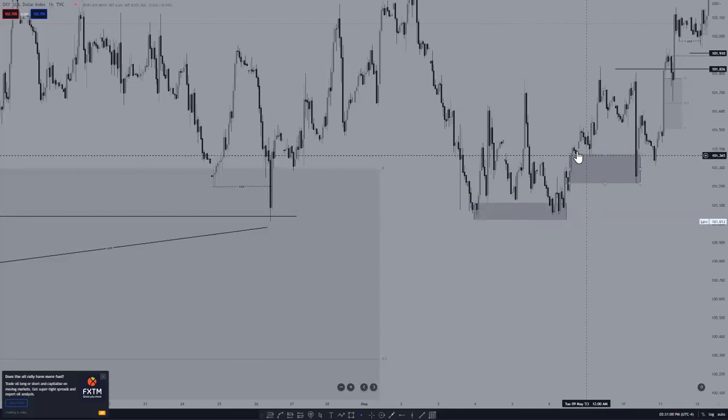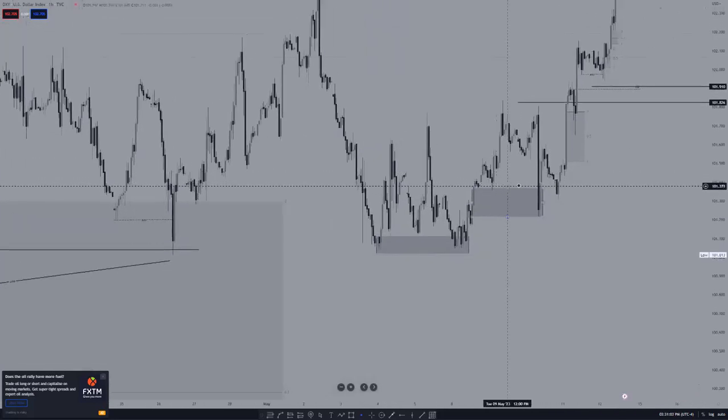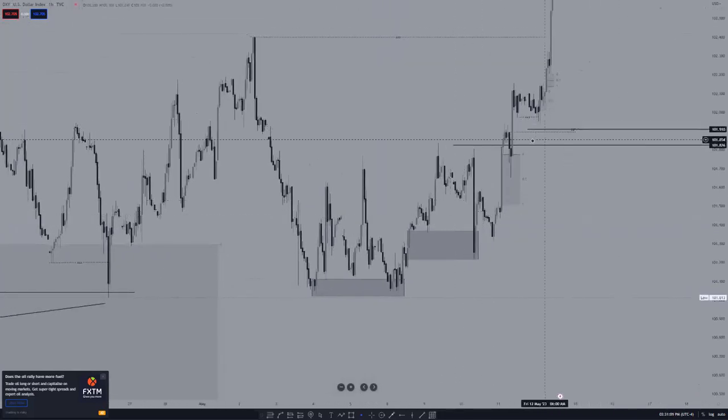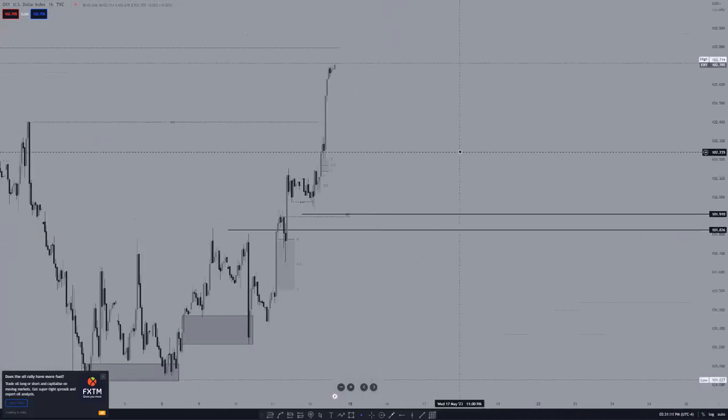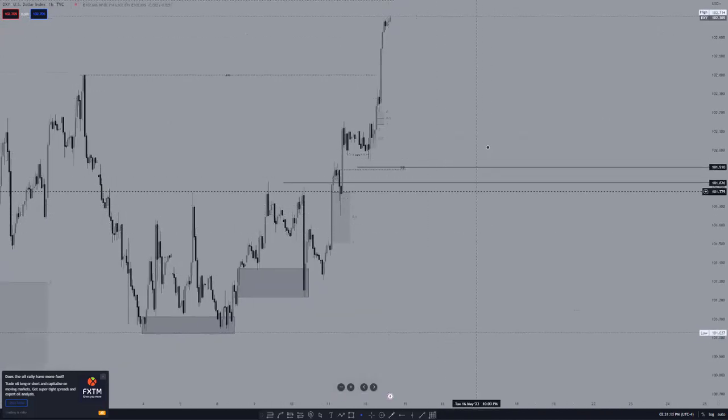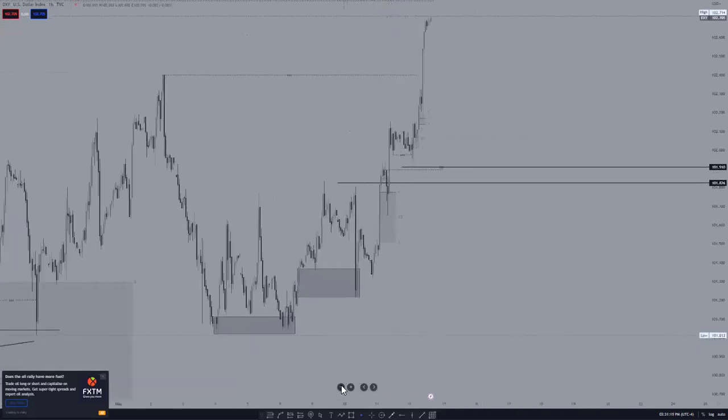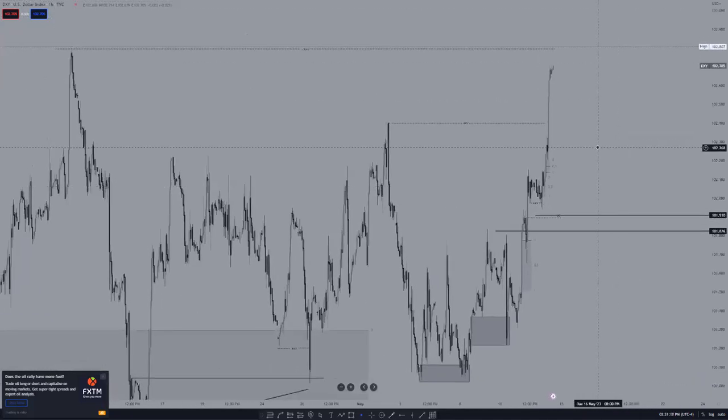Started moving, started filling orders, started moving.